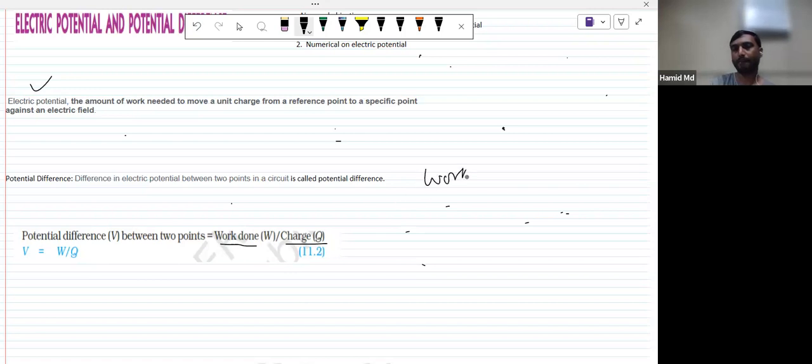We have to do work if we want to transport one unit of charge from one point to another. If we have one charge, we do some work; if we have more charges, we do more work.